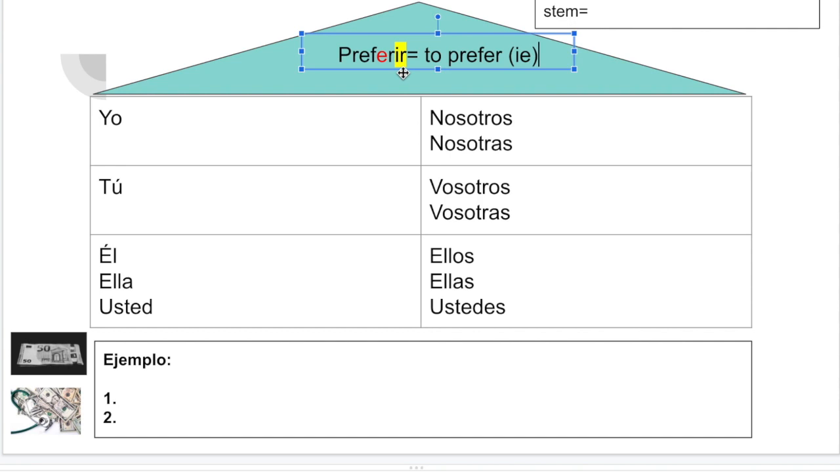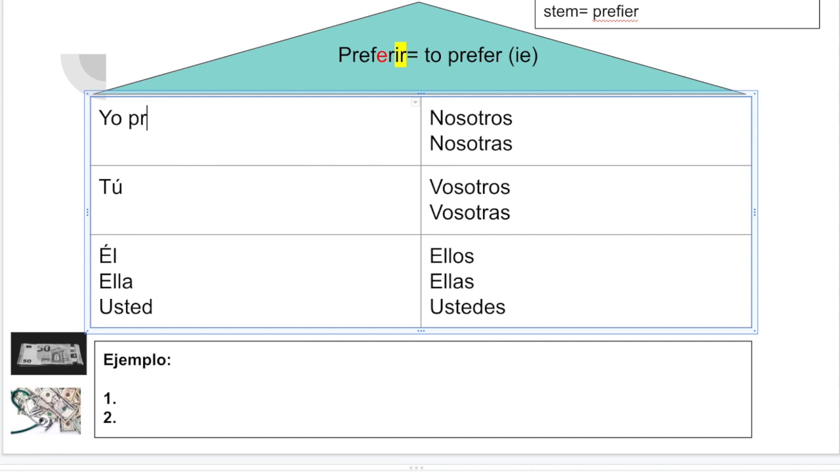So we have AR, o as a, amos an, ER, o es e, emos en, and now you are going to learn the IR endings. So let's work on the stem first. So it will be prefier. That's the stem. And we're going to write the stem in each of the boxes.